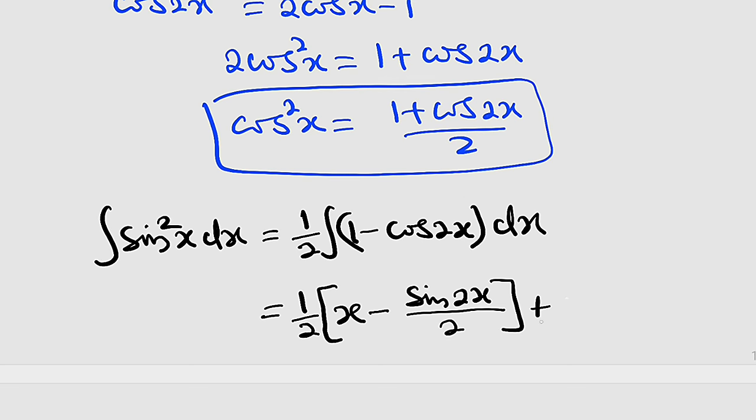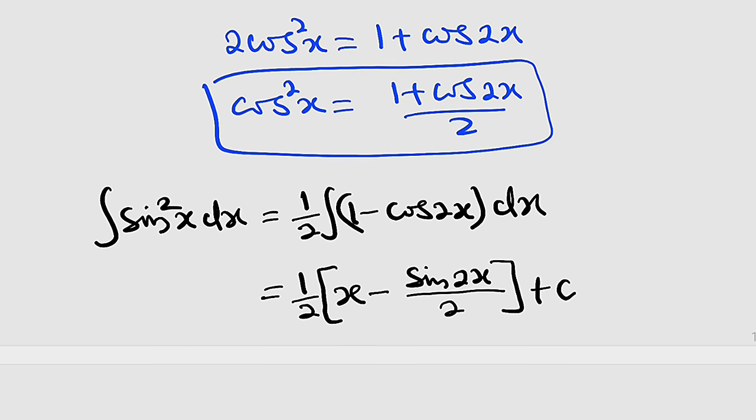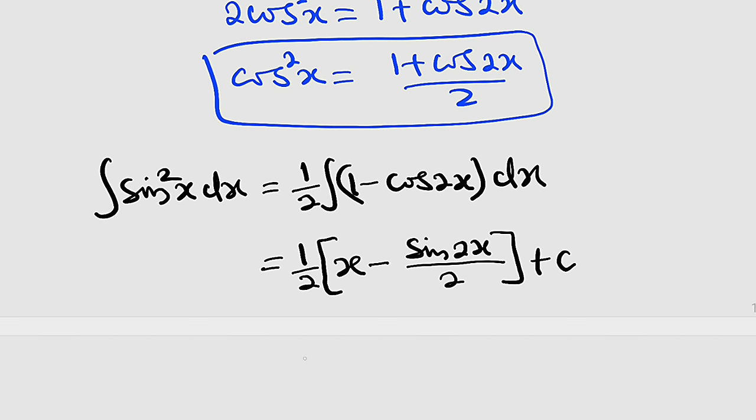All right, then plus the constant of integration. If you like, you expand. By expansion, you have 1 over 2x minus sine 2x divided by 4, because this 2 will multiply this 2, right? Plus the constant of integration, and we are done.